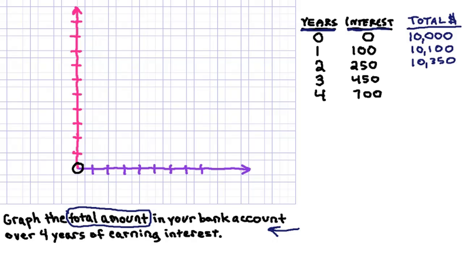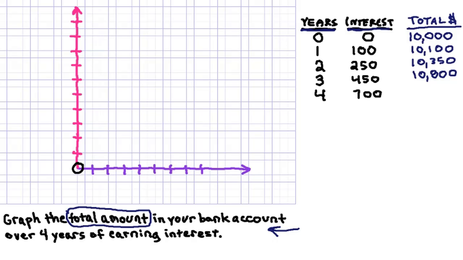And then the third year, you earned $450 in interest, so you need to add that $450 to the $10,350 you had the year before. So that would give you $10,800, because 10,350 plus 450 is 10,800.